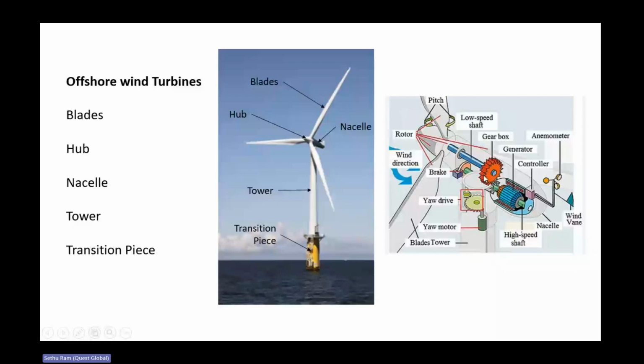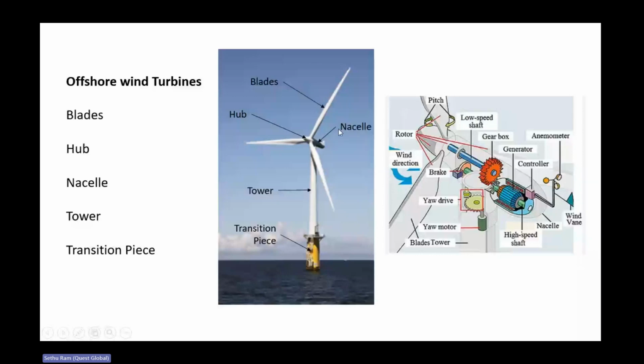And we have other controls also, like the anemometer. Based on the direction of the wind, this wind vane, and this anemometer will give the wind speed, how much speed the wind is coming with. This anemometer input is very important for wind turbines because we have two conditions.